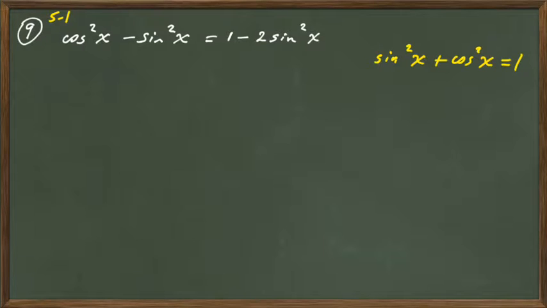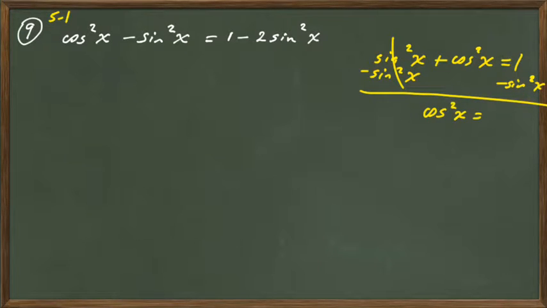Okay, can I solve this for cosine squared? If I subtract sine squared from both sides, what will cosine squared equal? 1 minus sine squared. Does everybody agree?